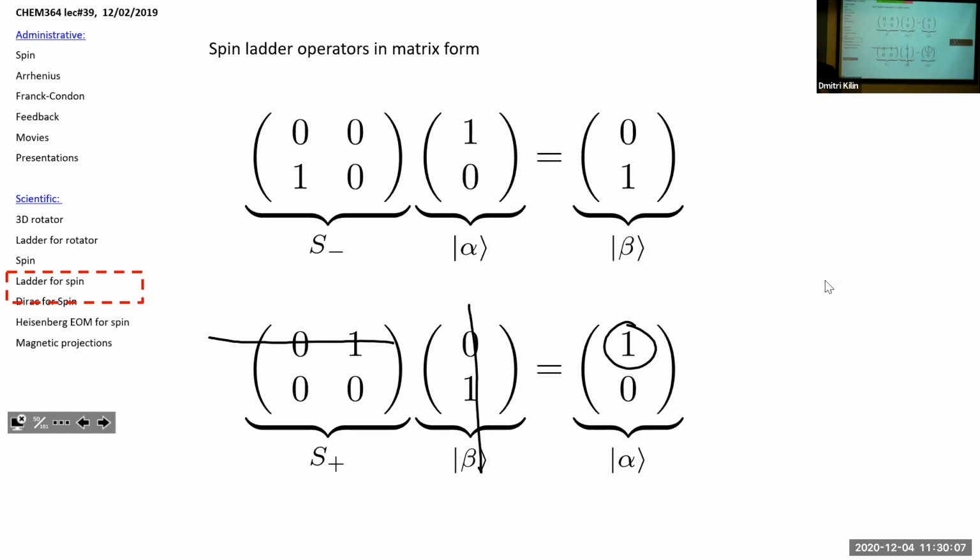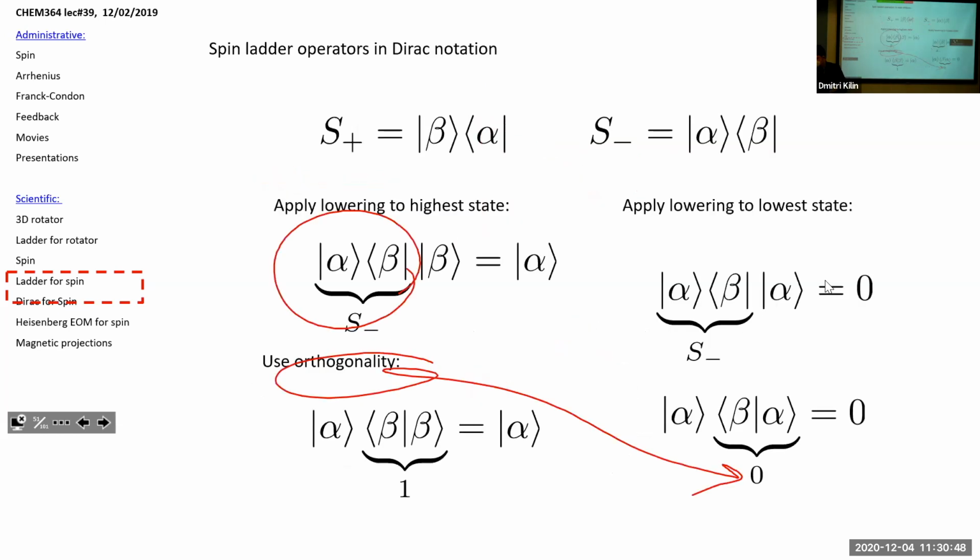And if we use S minus, we need to have 1 in the opposite part, and this matrix is non-symmetric. So here, by multiplying row by column for the lowering operator, we flip the populated state to the opposite one. So from now on, you have a vision of raising and lowering operators in the space of two states. Instead of an infinite number of states for the harmonic oscillator, for spin it's just two states, but you have the same apparatus.